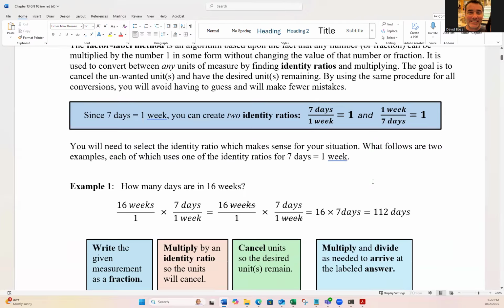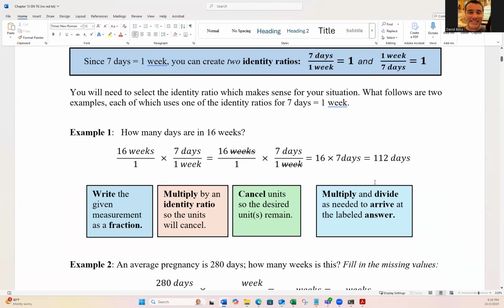Okay, so let's look at this example here. You want to select the identity ratio which makes sense for the given situation. Look at example 1. We have 16 weeks and we want to convert that into days. You do 16 weeks over 1, because 16 weeks is the same thing as 16 over 1, times 7 days over 1 week.